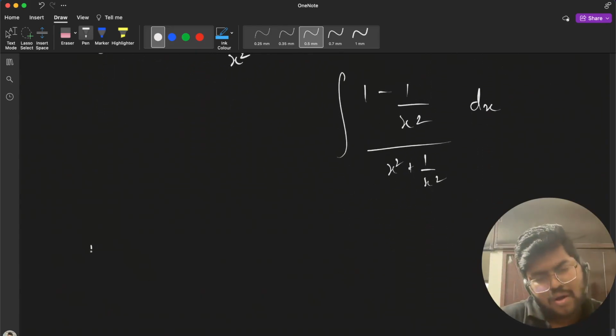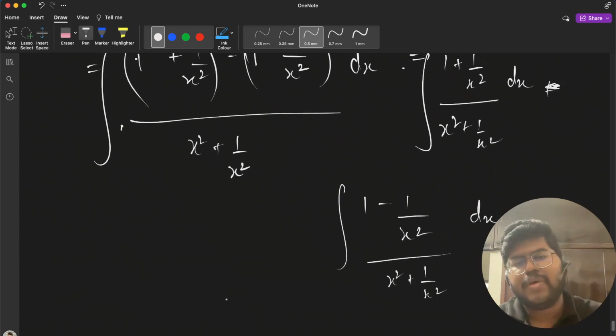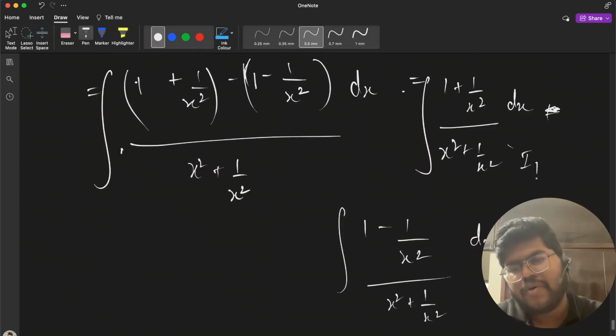Now I have been naming the integrations as I1 and I2, okay?